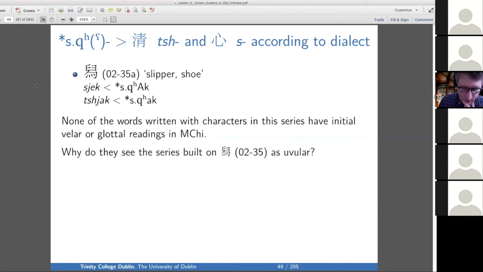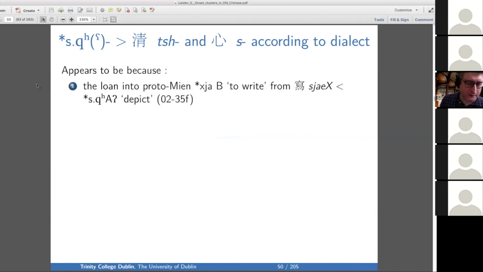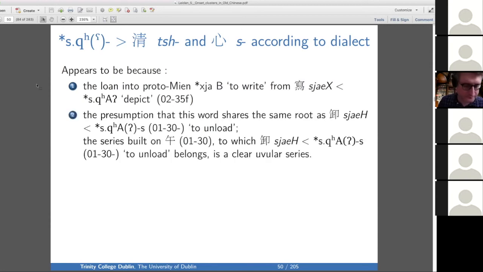Okay. So it's not clear to me on what grounds they reconstruct a uvular in this word, per se. It appears to be because of this loan into Proto-Mien, which has a velar fricative initial. So I think the presumption is that this word shares the same root.